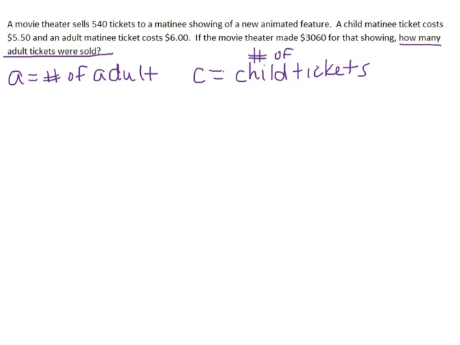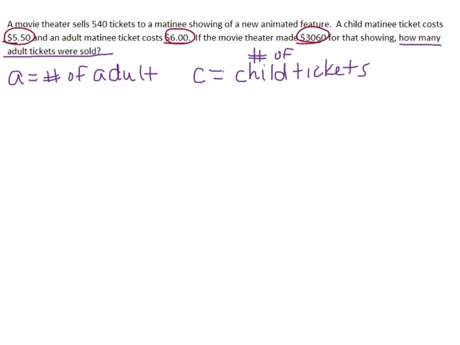The next thing we did in our word problem packet was we identified facts that create our equations. So we have one fact alone that deals with just all of the money. So we have $5.50 for child, $6 for adults, and a grand total of $3,060.